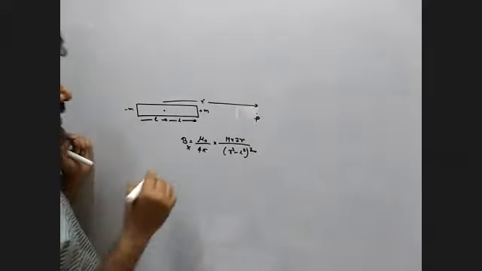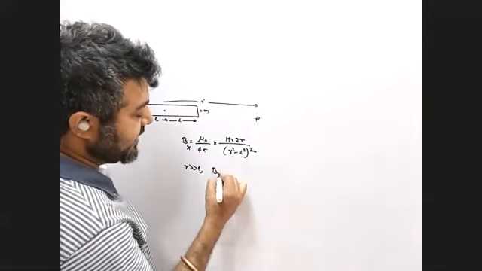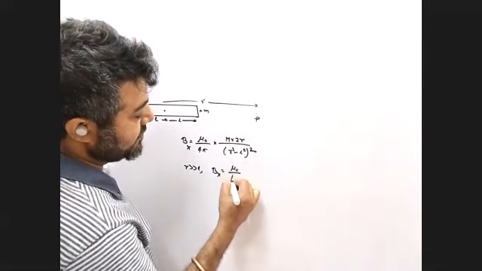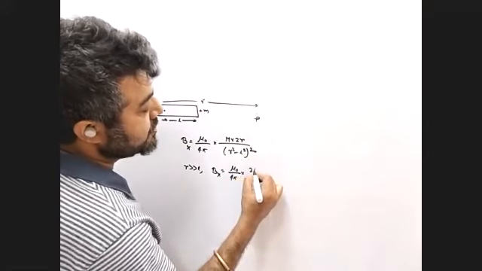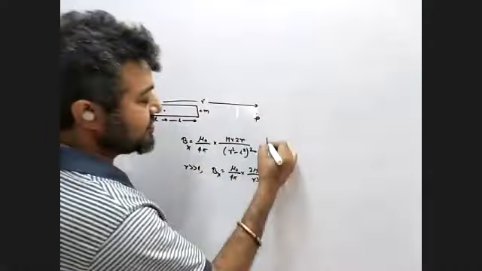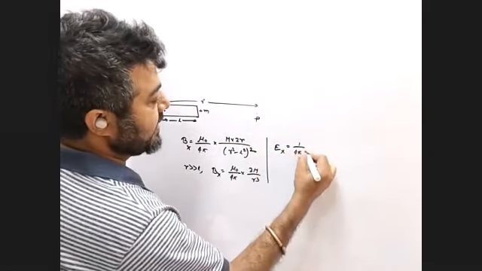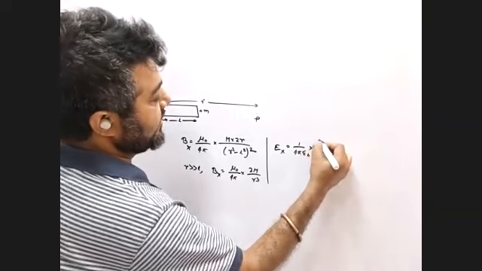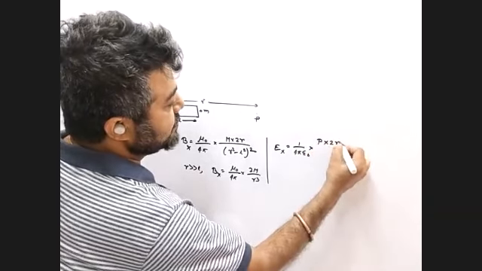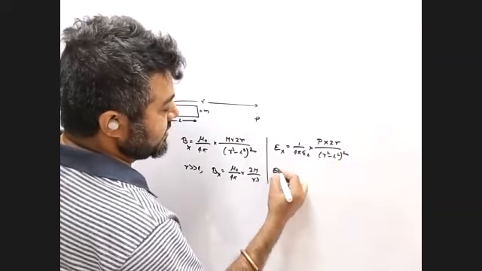If R is greater than L, then Bx is mu naught by 4 pi, 2m by R cube. And the same thing for electrostatics, Ex is 1 by 4 pi epsilon naught, instead of m you can write P, into 2R by R square minus L square whole square.